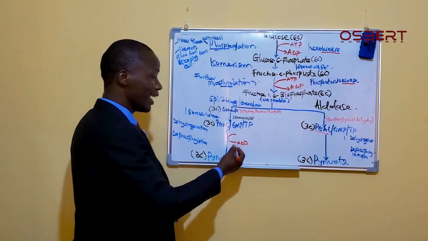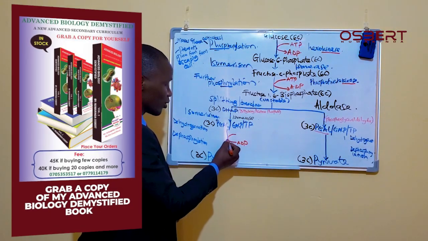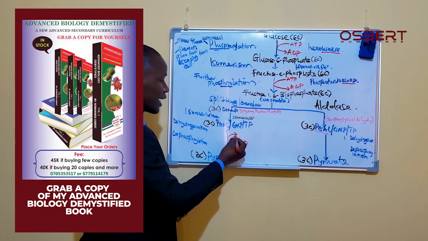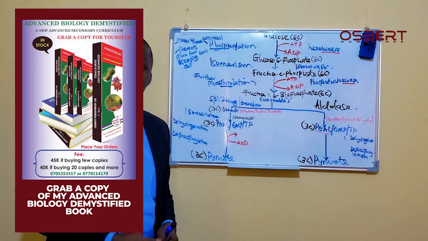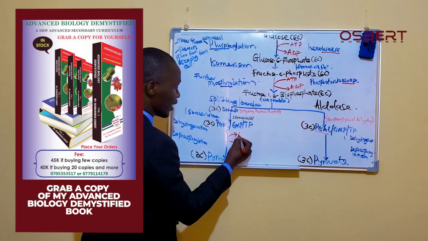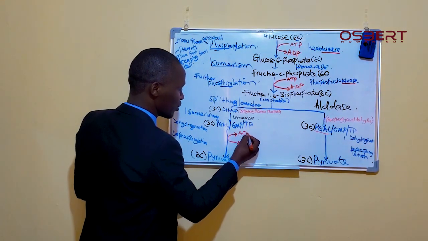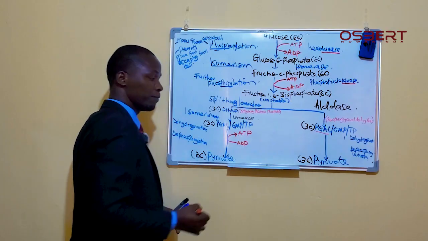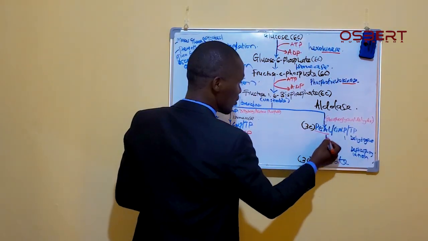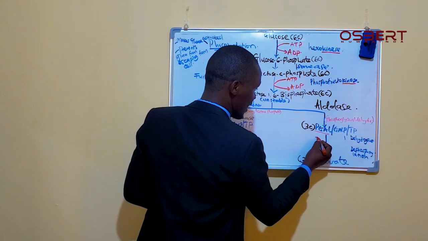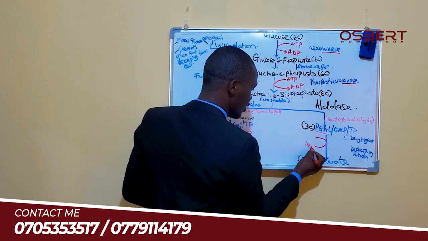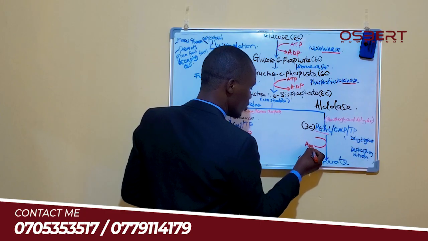So now the ADP will come into this reaction, which is involving PGAL, and pick out its Pi. It will pick its phosphate, and it will turn back to ATP. So in this series of reactions, the ADP will come and say, give me what I had given you.